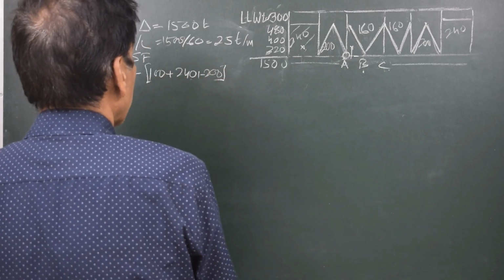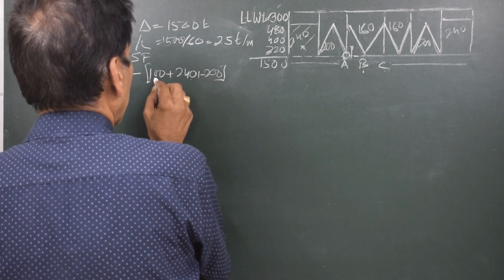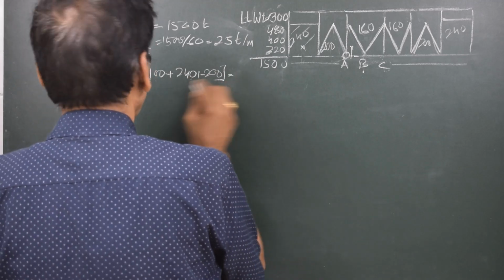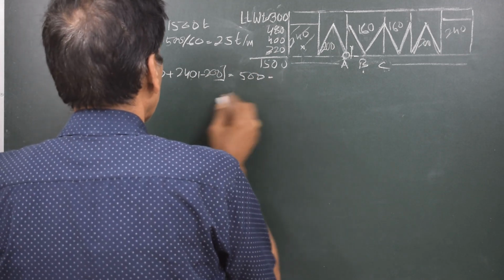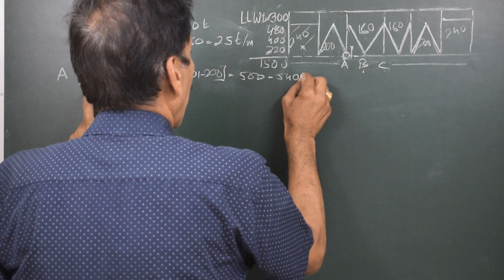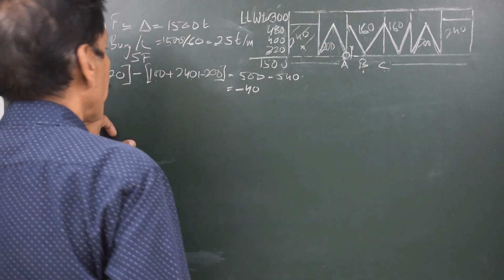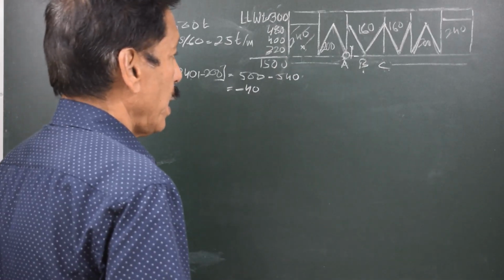So the total is 200 plus 100, 300, plus 240. This is going to be 500, that is positive force, minus 540, and that is going to be minus 40. So minus 40 is the shear force at A.